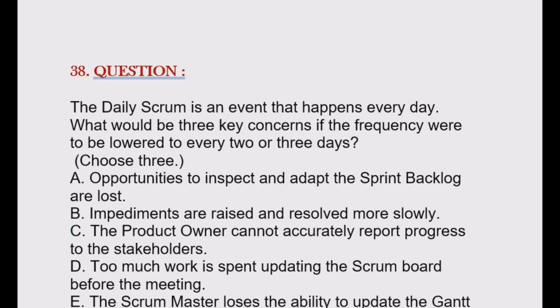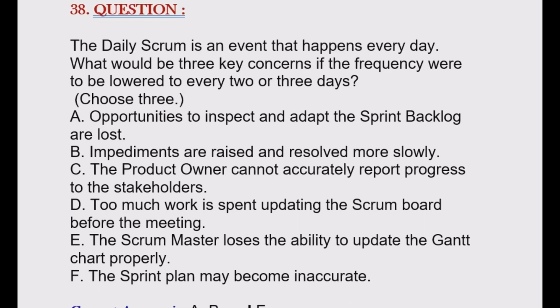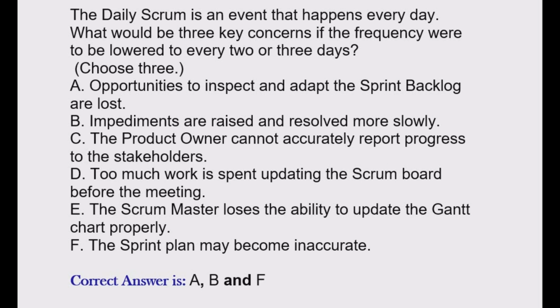Question is, the daily Scrum is an event that happens every day. What would be three key concerns if the frequency were to be lowered to every 2 or 3 days? Choose three options. Option A. Opportunities to inspect and adapt the sprint backlog are lost. Option B. Impediments are raised and resolved more slowly.